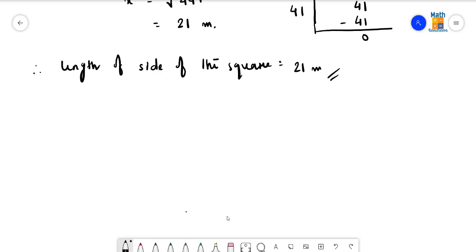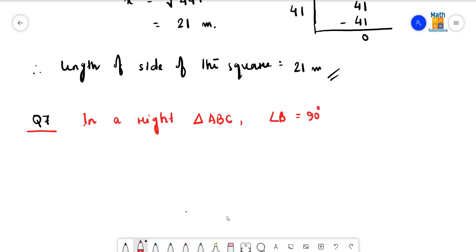Next, let us come to question number 7. So in question number 7, what is asked? In a right triangle ABC, angle B is equal to 90 degree.